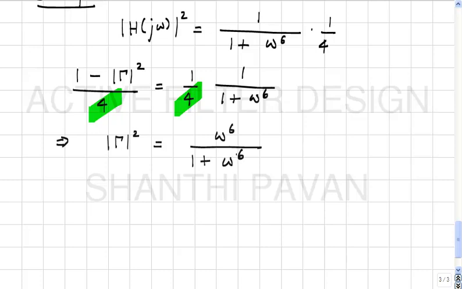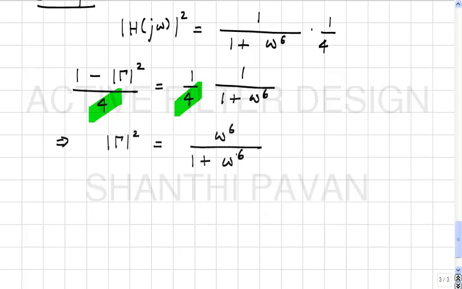As we expect, in the passband, that is at frequencies which are very small compared to the passband edge, we see that omega is a small number between 0 and 1, and mod gamma square is almost given by omega to the power 6, where omega is small. In other words, at frequencies well within the passband, the magnitude squared of the reflection coefficient is close to being 0. At DC, it is indeed 0, which therefore represents a maximum of transmission.